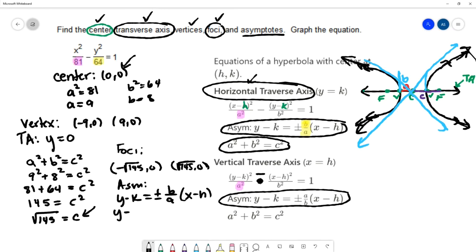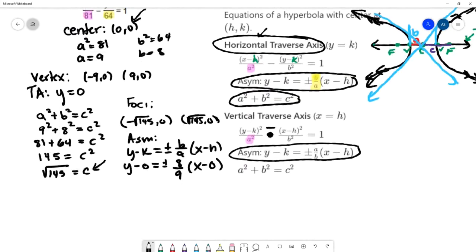That's y minus 0. Remember, our center is at 0, 0. B is 8. A is 9. So we have plus and minus 8 over 9, and x minus 0. So simplifying that, we get that our asymptotes are y equals plus and minus 8/9 x.